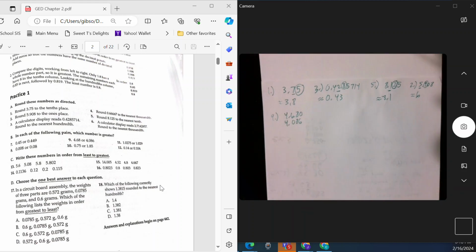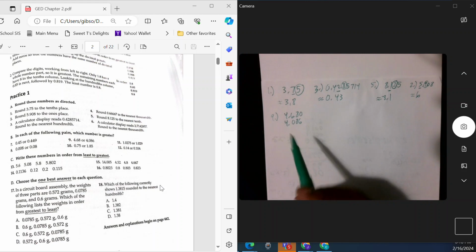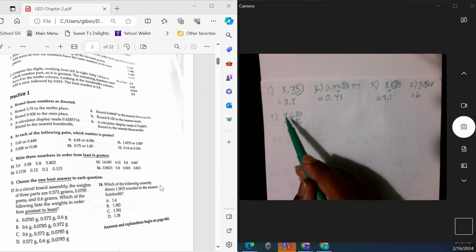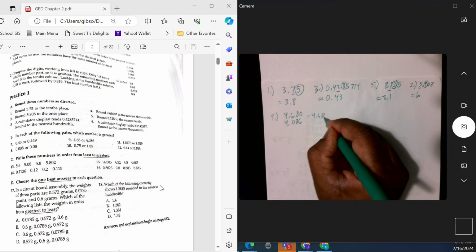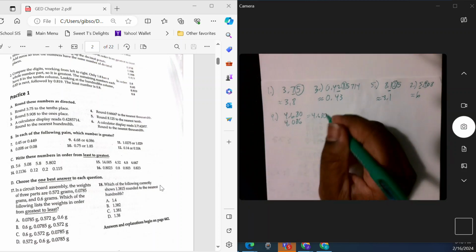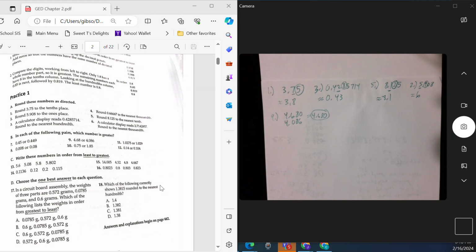So we'll add a 0 here, and we make sure they're lined up. In front of the decimal, they have the same number. First digit behind the decimal, the 6 is larger than the 0. So our answer here would be 4.680 or 4.68. That would be our answer because we want the number that's greater.